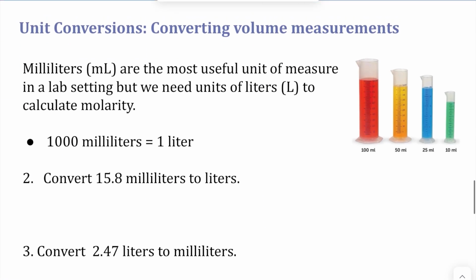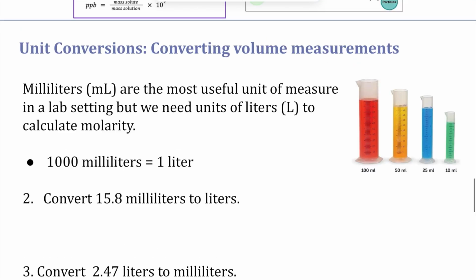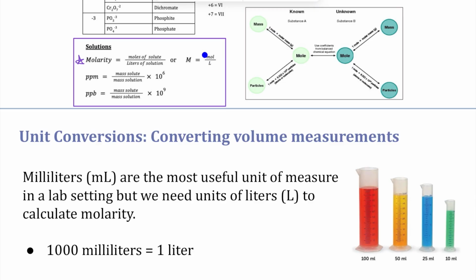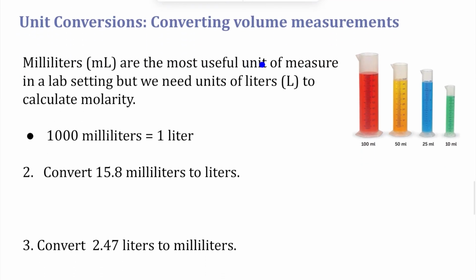So if we are doing conversions, it's our volumes that we will need to get to liters, because that molarity formula is moles over liters. Milliliters are the most useful unit of measure in a lab setting, just because we don't usually need full liters of something in order to see what is happening, because that's a lot of volume.